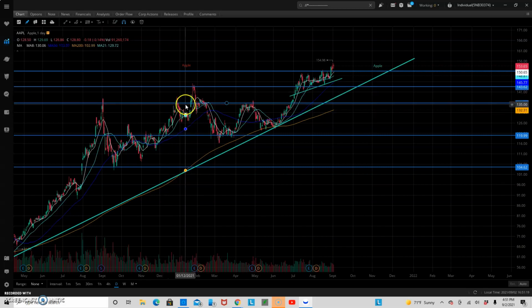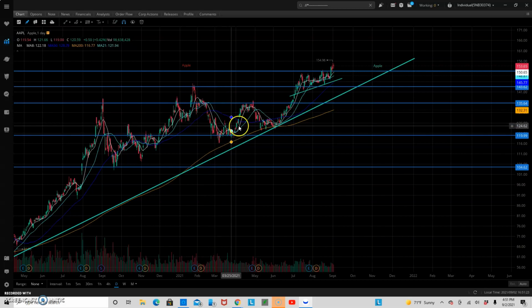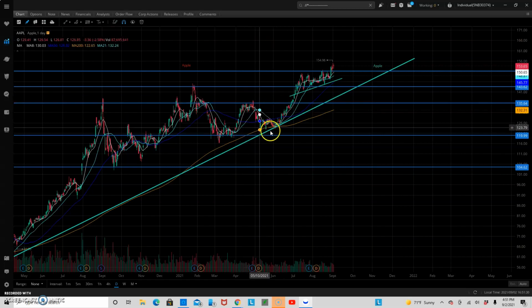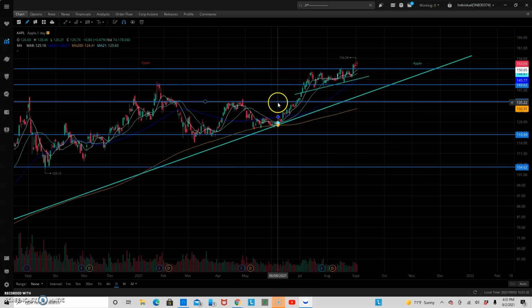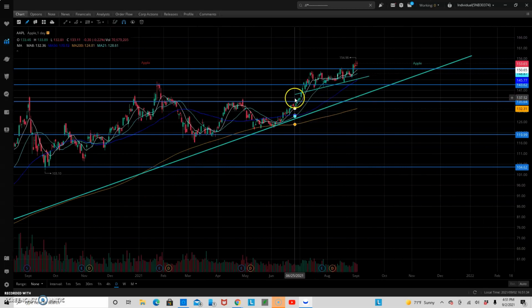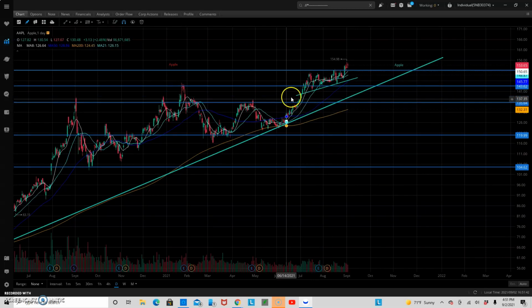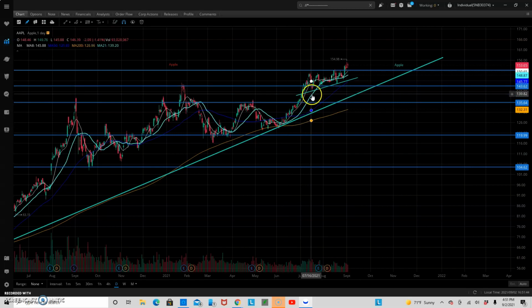We sold off after hitting that point again. We got above there briefly and then we fell back below that. So that was a very strong resistance point. We tested it again in April here and then sold off again. So it was very important that we got above that level around 135.50 and held above there to move higher. You could see we finally did that back in June, and we've been going higher ever since.